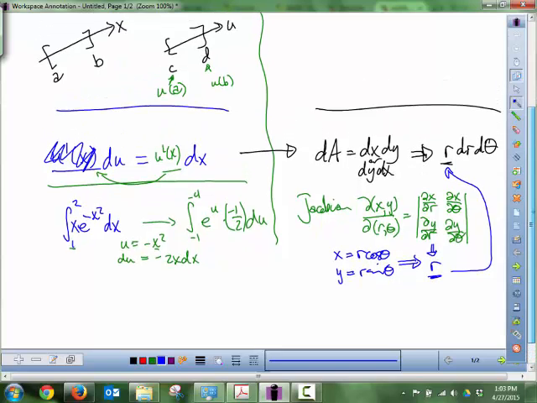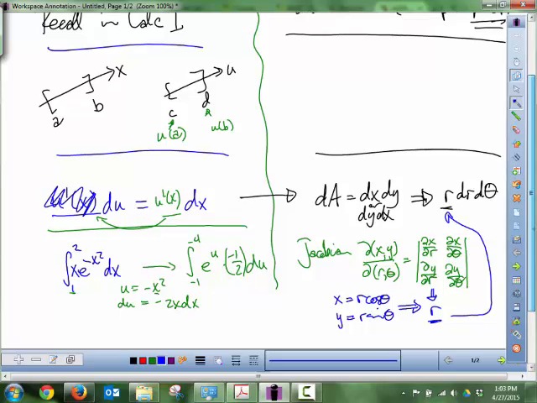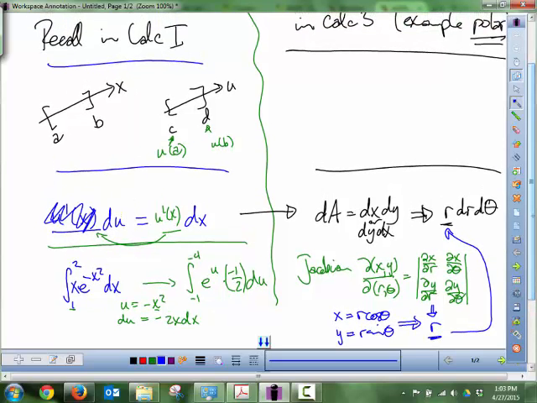Okay. Now the other thing for us, the bigger benefit and the bigger reason to transform from Cartesian to polar is because our Cartesian coordinate problem initially started with something that's a piece of a circle.